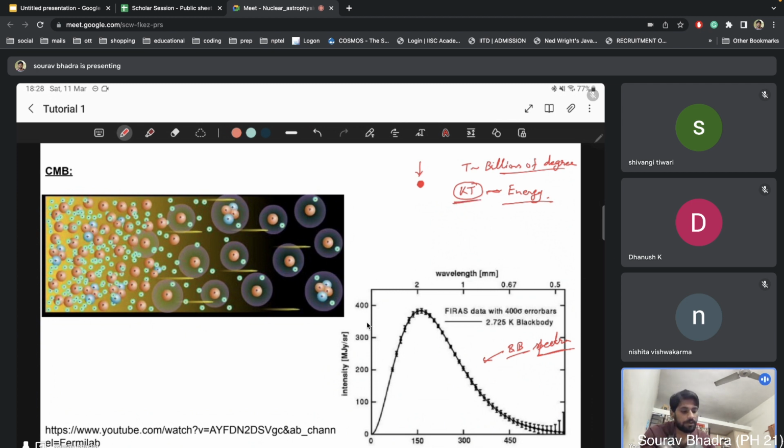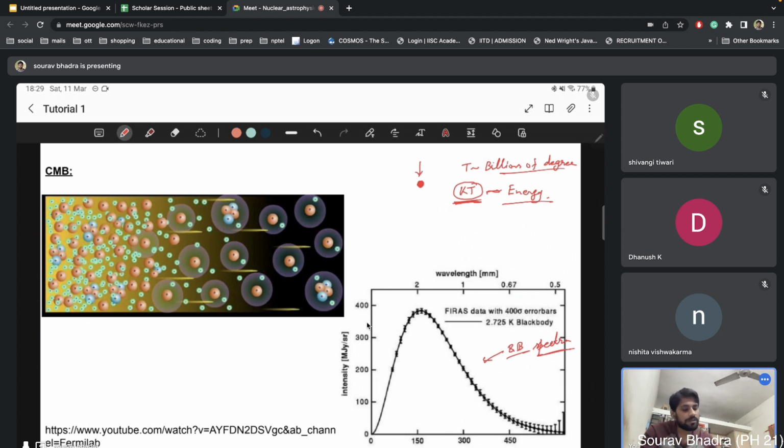It will be so high that for a typical hydrogen atom, you know the binding energy is 13.6 eV, right? But at billions of degrees centigrade, it will be much higher than 13.6 eV.